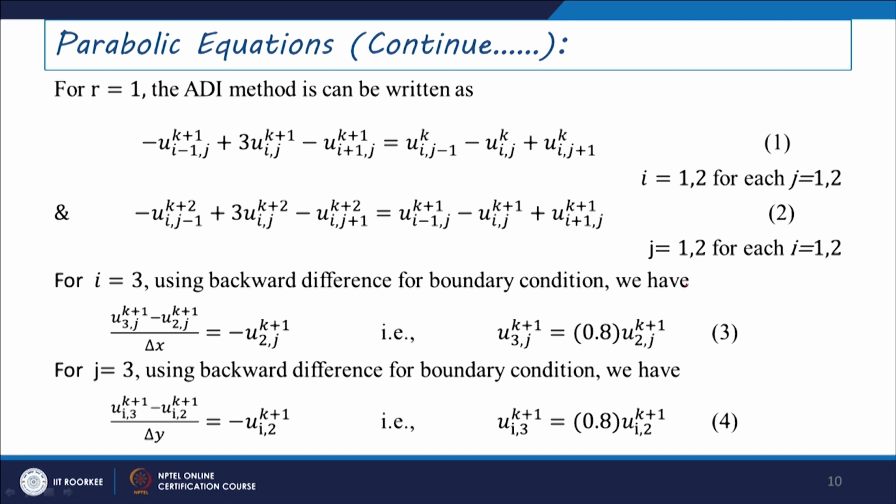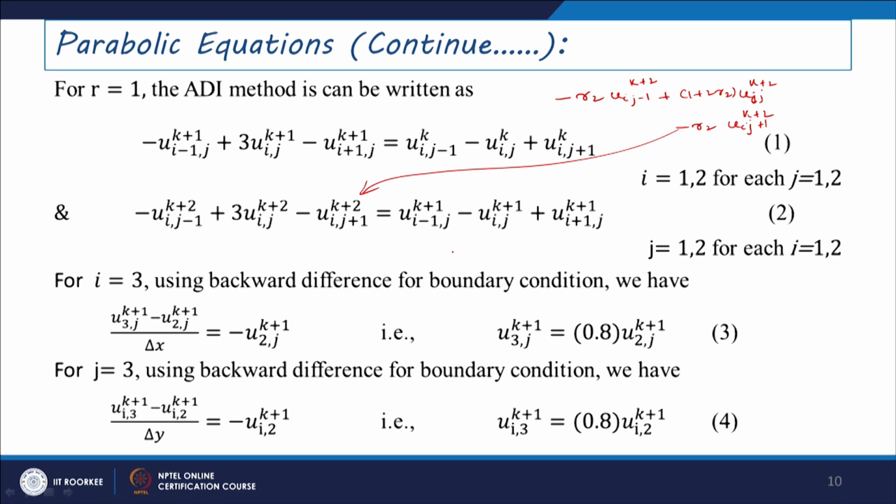First, this equation is written in the form minus r2 u i j minus 1 k plus 2, plus 1 plus 2 r2 u i j k plus 2, minus r2 u i j plus 1 k plus 2 here. So, if you see this equation here, you can find that minus u i j minus 1 k plus 2, plus 2 plus 1, this is nothing but 3 u i j k plus 2, minus u i j plus 1 k plus 2.